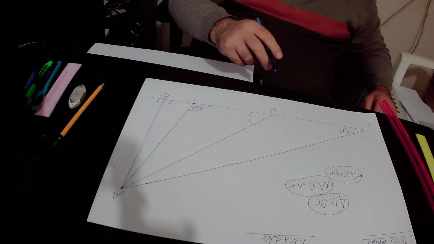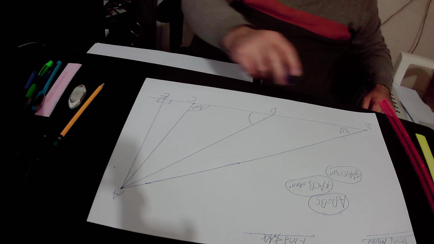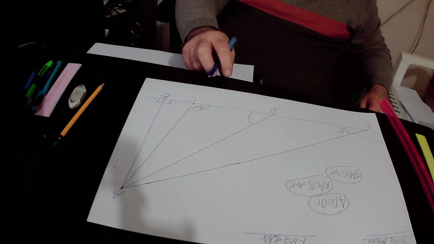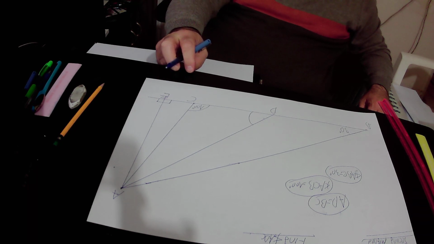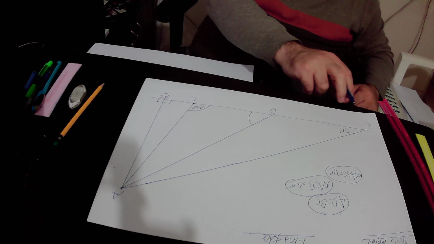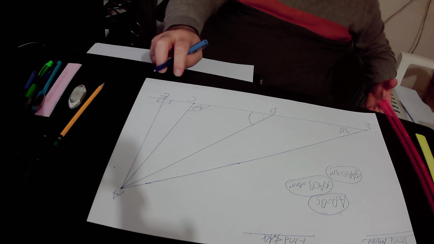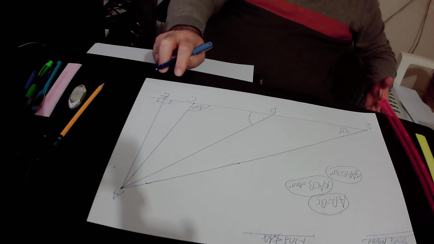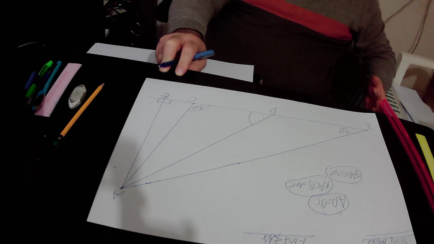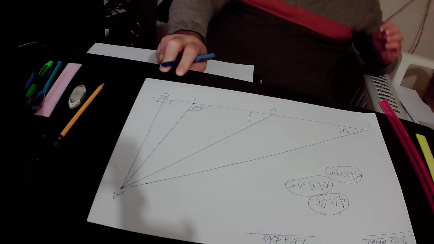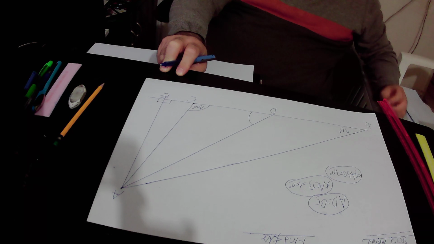We know that we extended BC, that is a straight line, by a straight line. Therefore, line segment BE is still a straight line. And we know that the sum of the angles on one side of a straight line is equal to 180 degrees.